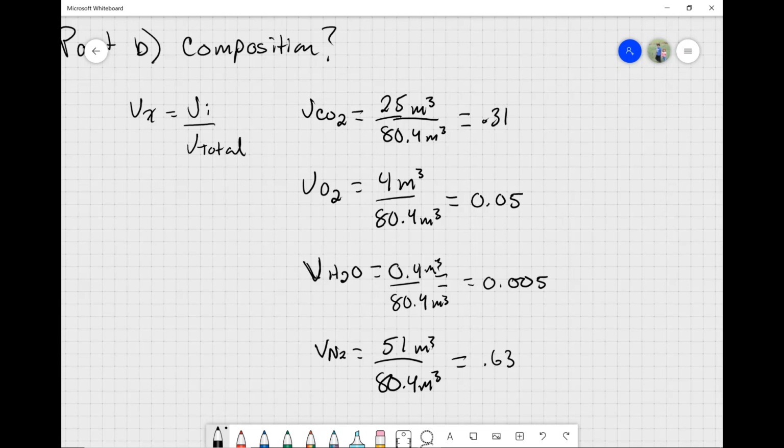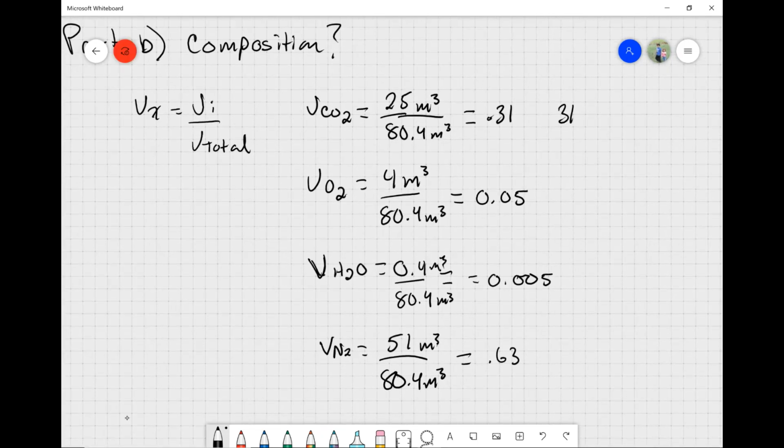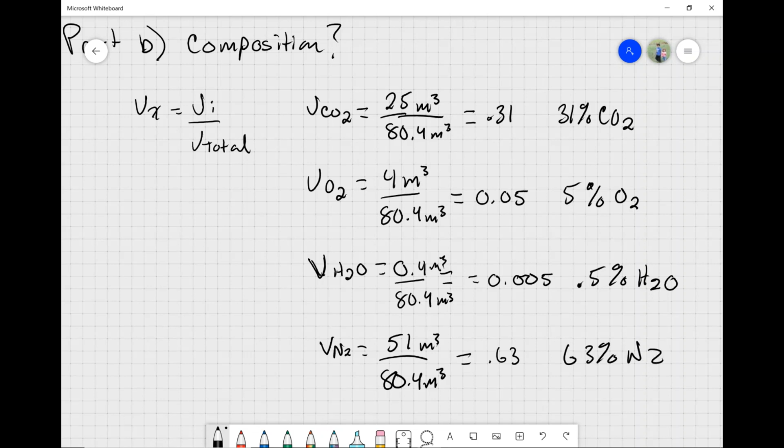So if you want percentage, this is 31% CO2. This is 5% O2. This is 0.5% H2O. And this is 63% N2.